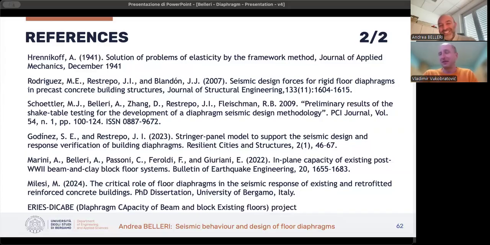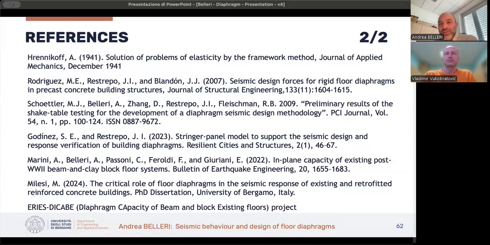And another, I think it's the last chat question, is what kind of seismic design approach would you recommend for flexible diaphragms? In the case of a flexible diaphragm, the load will be distributed, let's say, half and half to the lateral force resisting elements of the span.